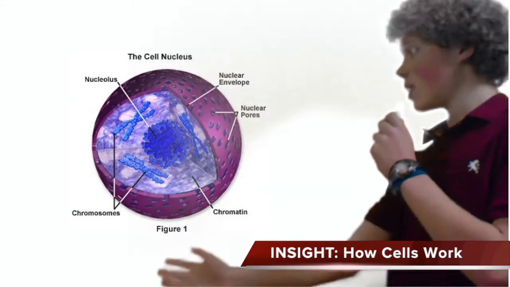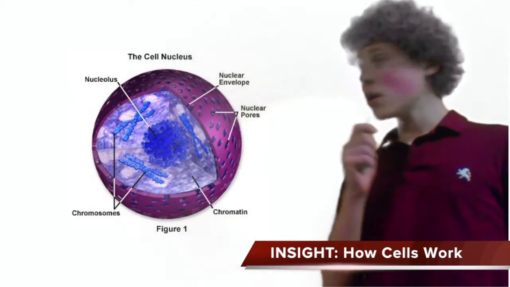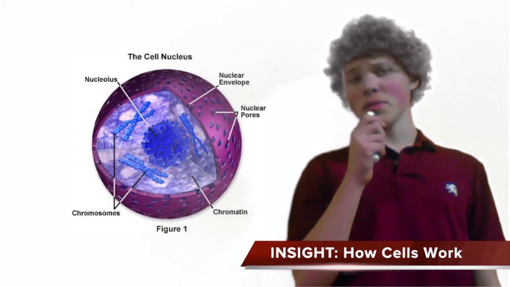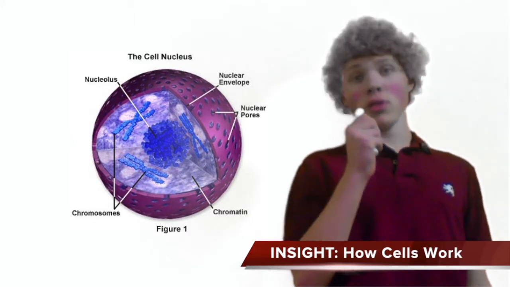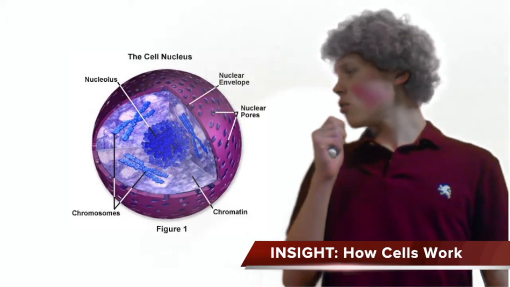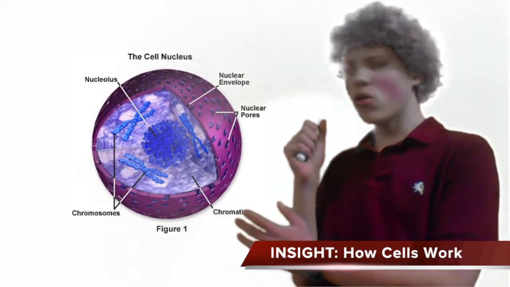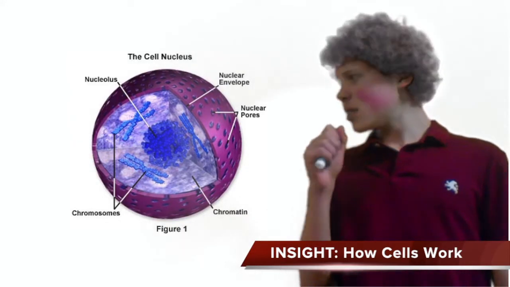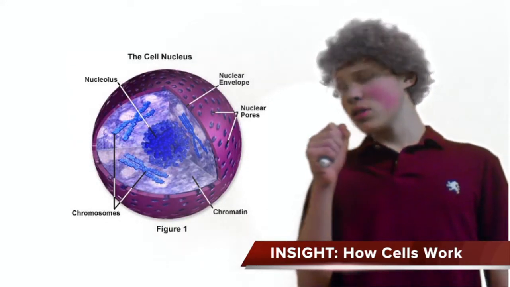This is the nucleus. Now, the word nucleus actually derives from the Latin word nucleus, which means core or kernel. So basically, it is the core, the central part of the cell. Now, it has a few very major functions.